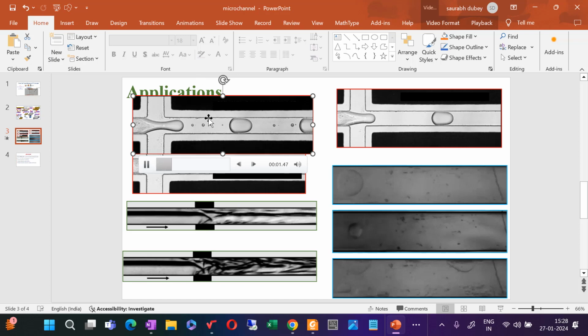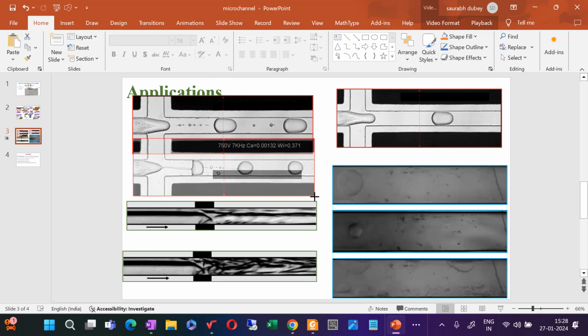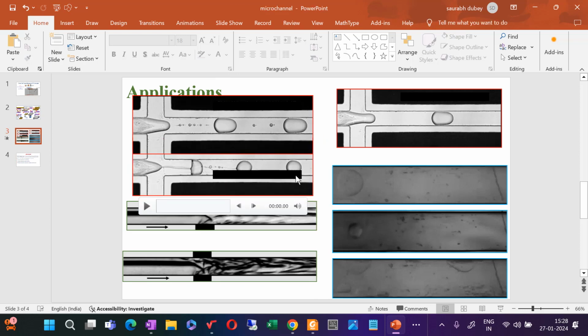Okay, in the first video and the third video you see the interface is very sharp. The distinct boundary is there between the water and the oil. But in this case, the black shade is coming. There is not a very sharp boundary between the benzene and the silicon oil. Can you think of why this particular situation is there?